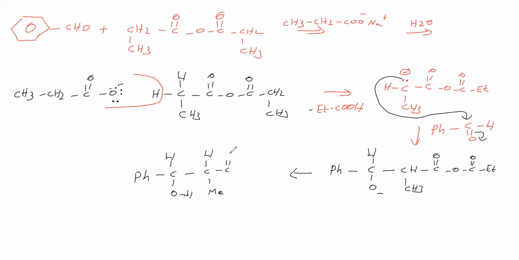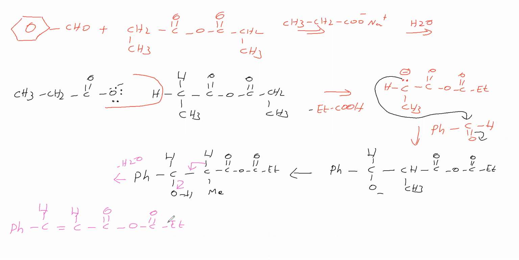Then COO, COEt. Then the next step, removal of water. This bond is shifting like this. So water is leaving. So on leaving of water, we will get Ph CH double bond CH, C double bond O, C double bond O Et.